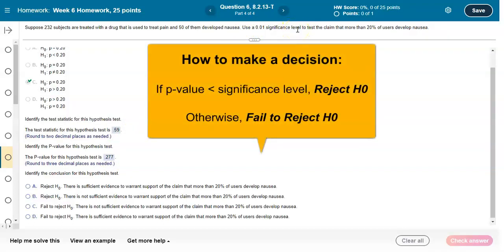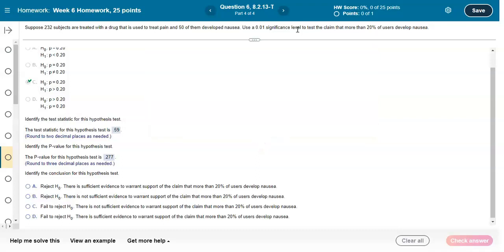So the rule is if the p-value is less than the significance level, you will reject the null hypothesis, reject H0. Otherwise, if the p-value is greater than the significance level, you will fail to reject H0. In this case, our p-value, 0.277, is definitely a lot bigger than the significance level of 0.01. So we know we're going to fail to reject H0.